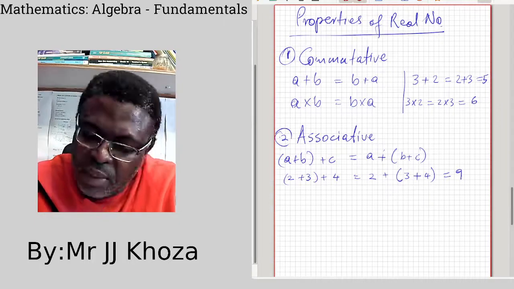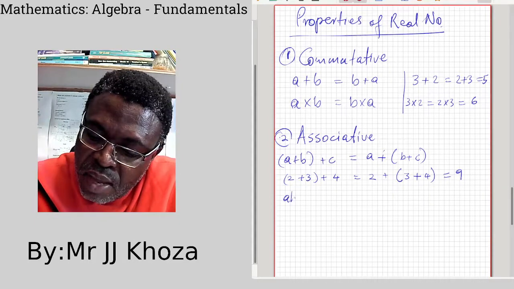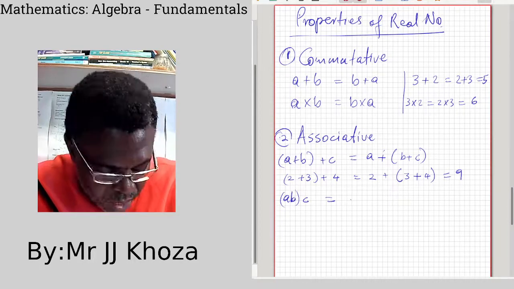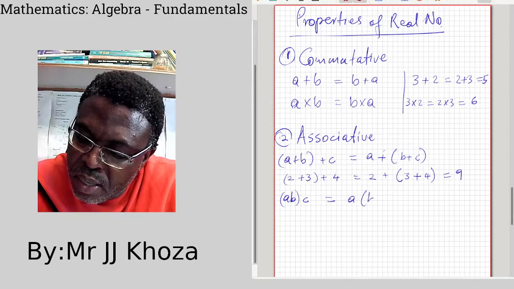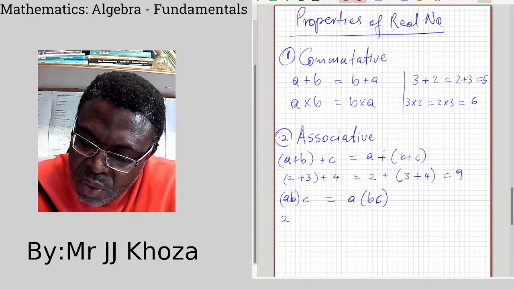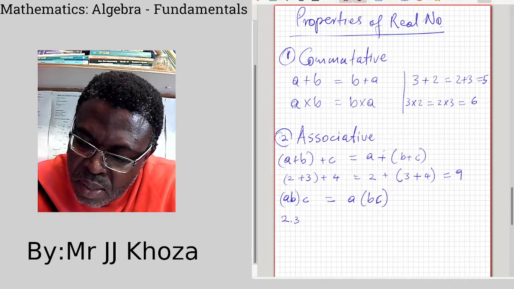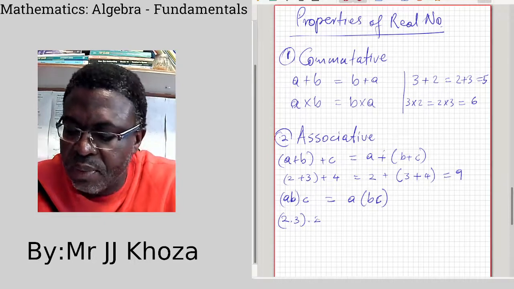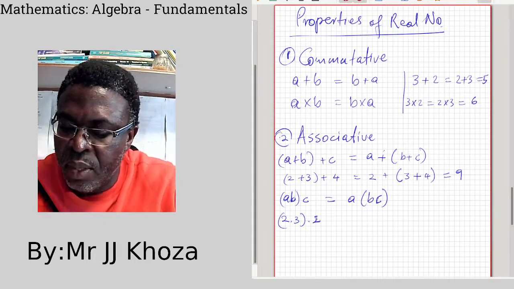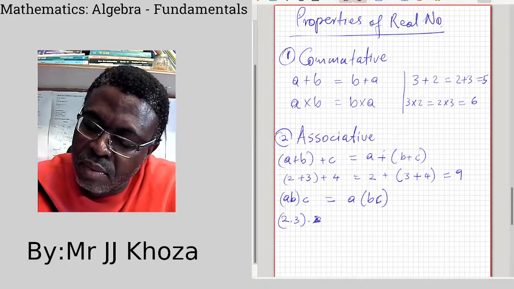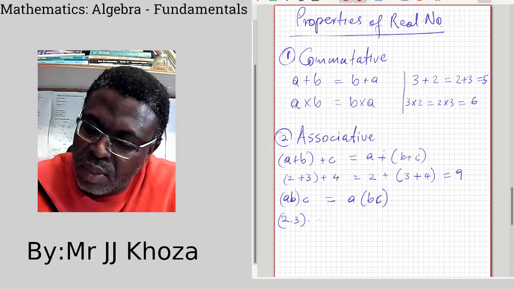Similarly with multiplication, you can have A times B times C, which is similar to A times B times C grouped differently. So if you have 2 times 3, that is 6.